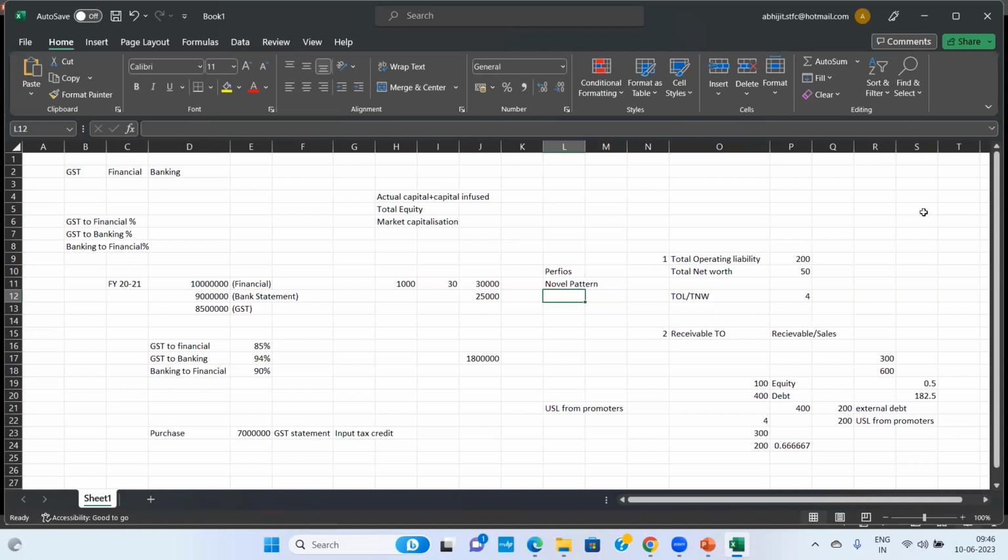So currently, I'll tell you in terms of capability, companies like Perfios are going into granular analysis of the balance sheet.